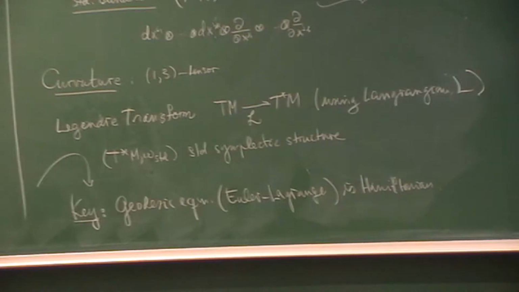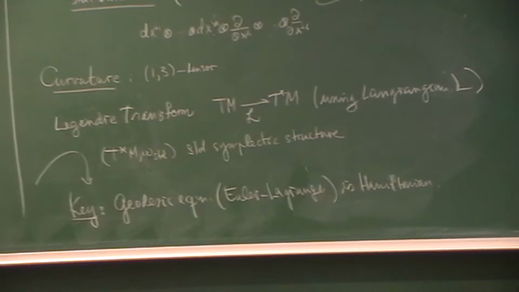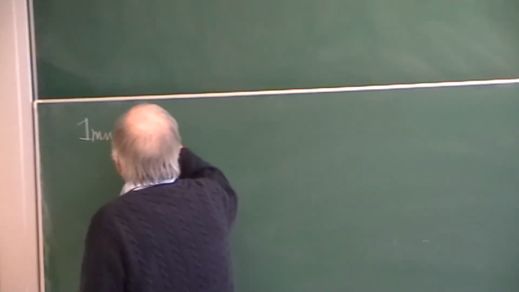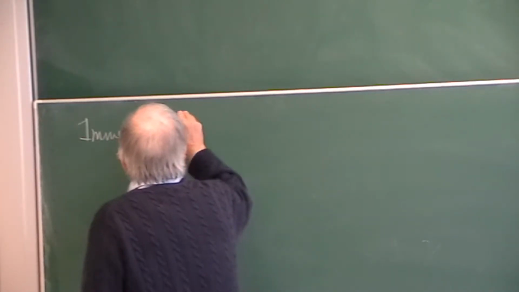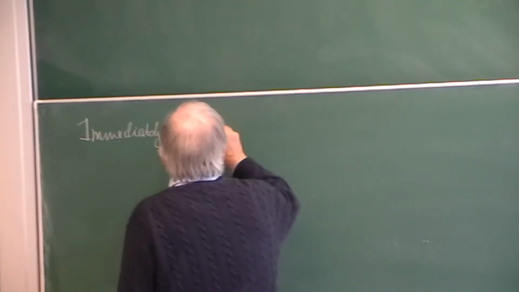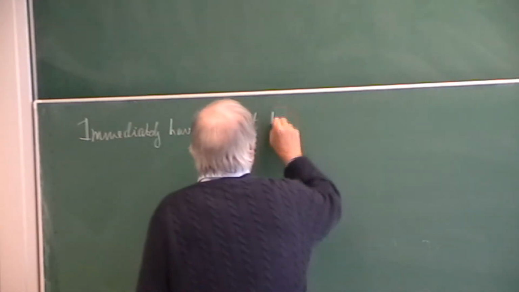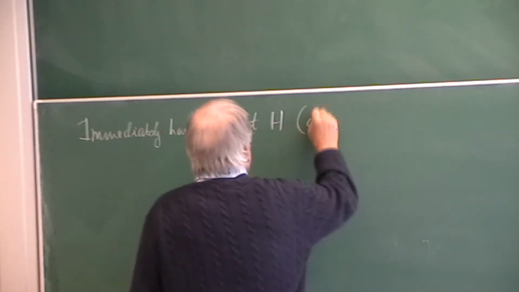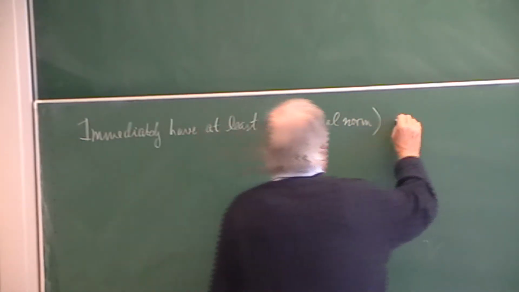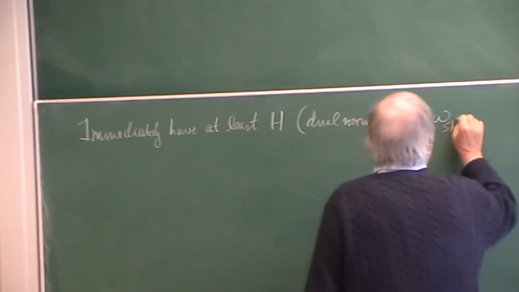And the Hamiltonian is just the dual metric, and the key thing is we already immediately have some invariants, at least two invariants, the standard structure as invariance.